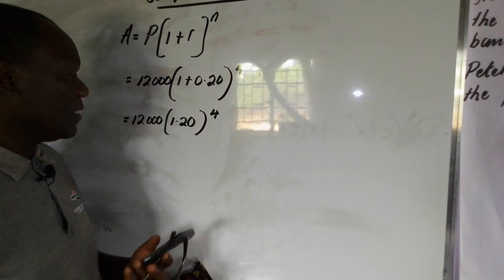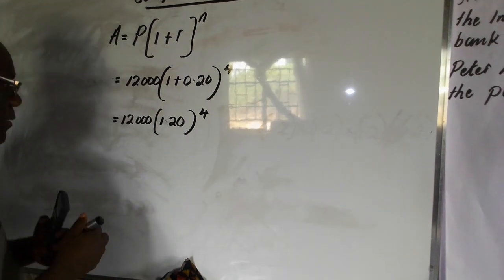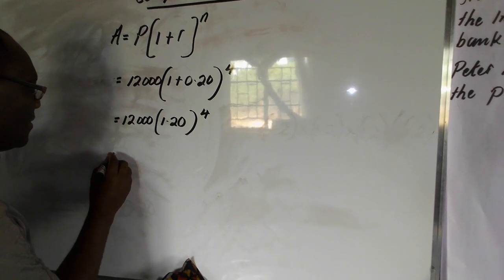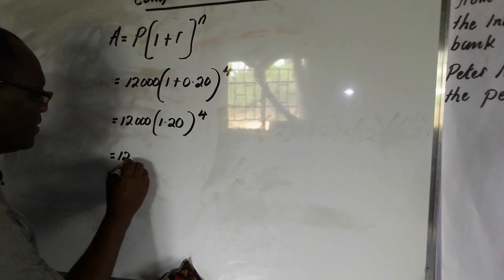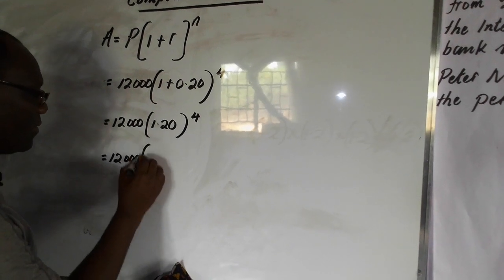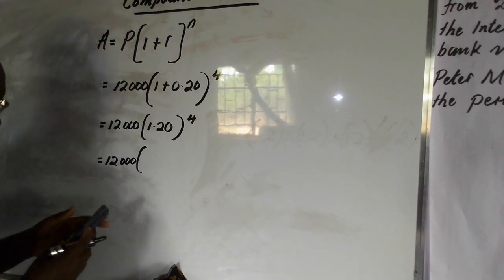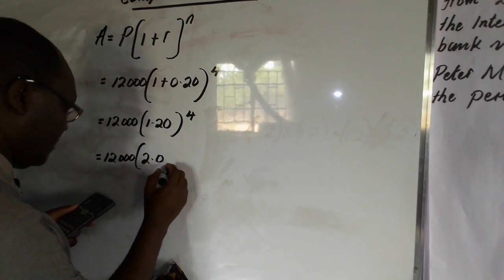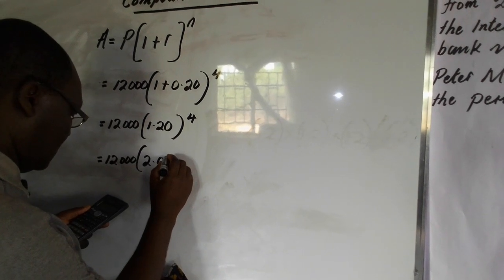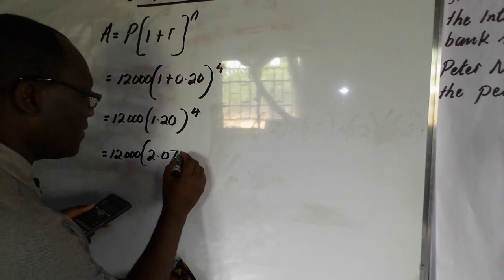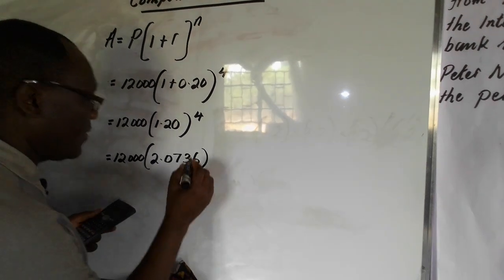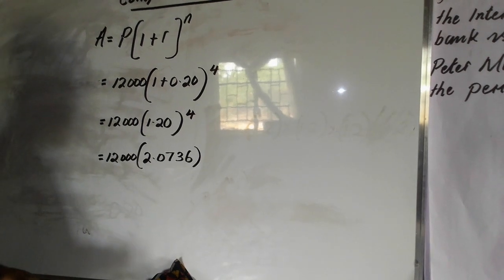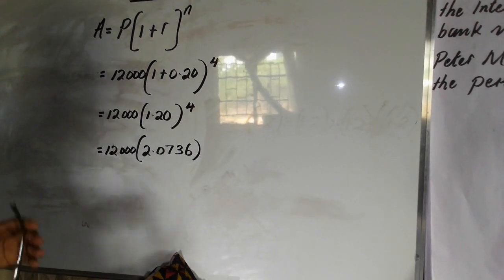The value that I get is 2.0736. This is the value that I've gotten after raising this to power 4. So now, what do I need to do?